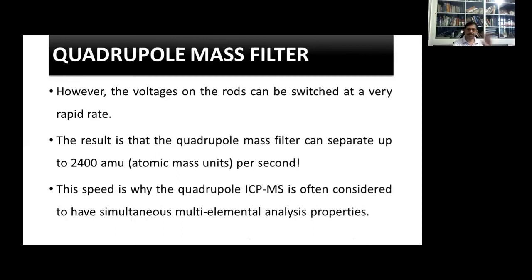This speed is why the quadrupole ICP-MS is often considered to have simultaneous multi-elemental analysis properties. It looks as if it is simultaneously analyzing so many elements. Actually, it is not simultaneous, but within a fraction of a second, one element is separated from the other.